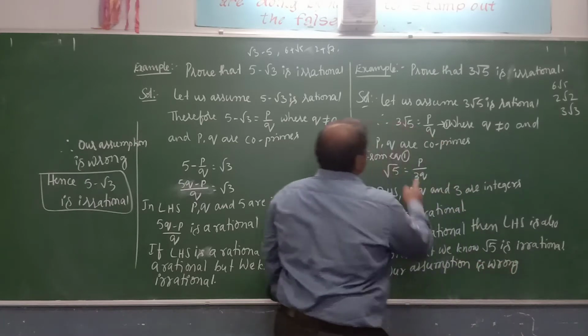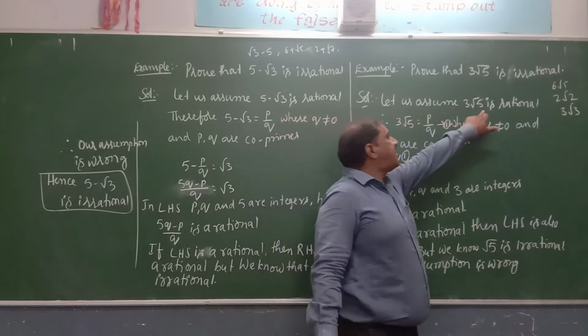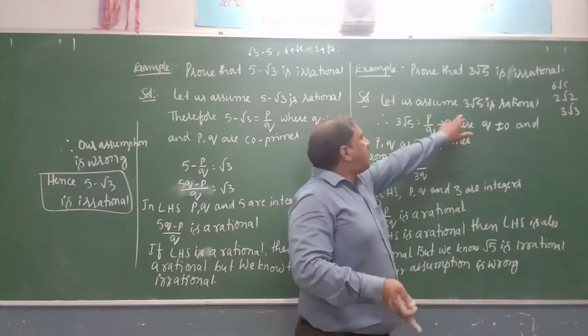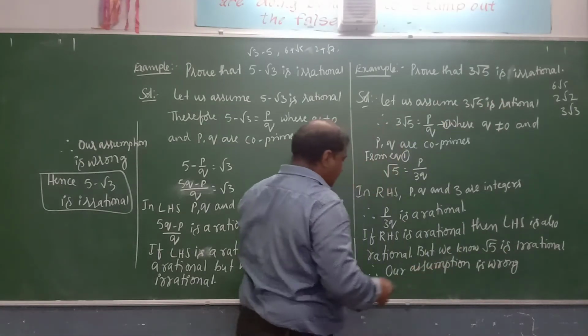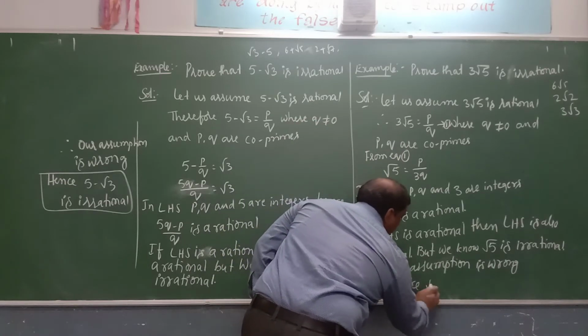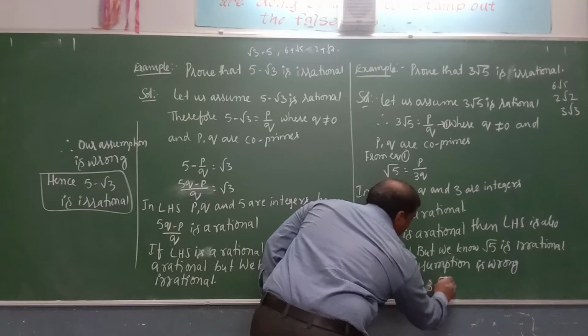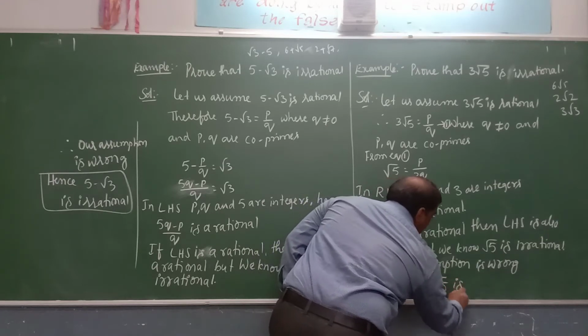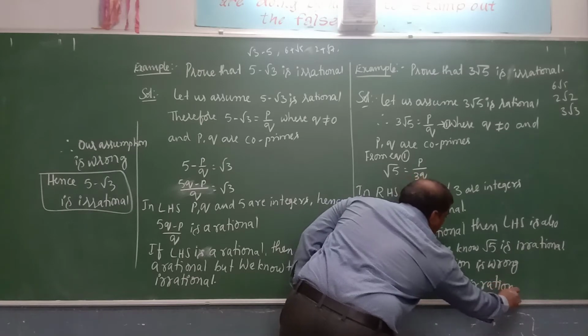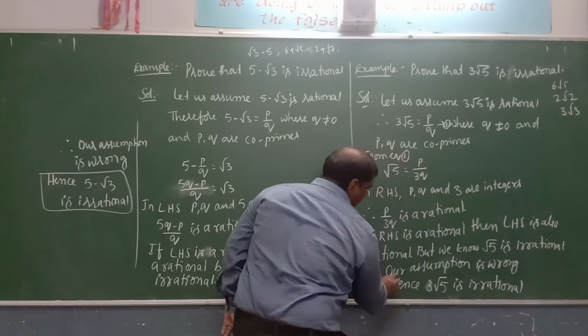That 3 root 5 is rational. So all these sums we will prove in a similar way.